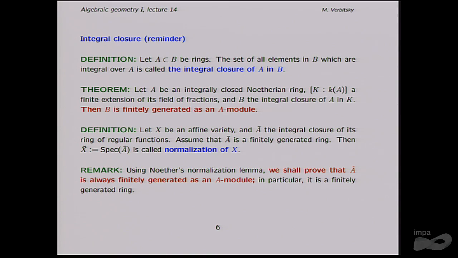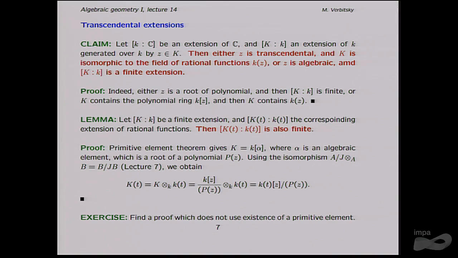Let me remind you about integral closure. I don't even actually need this. Let me skip it, because let's go straight to transcendental extensions. Okay, so transcendental extensions are the opposite of algebraic.